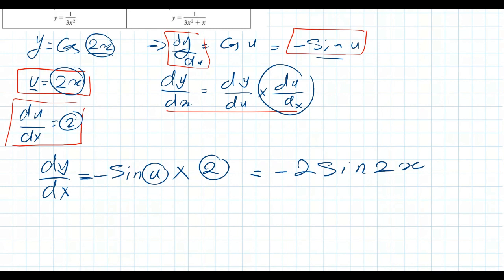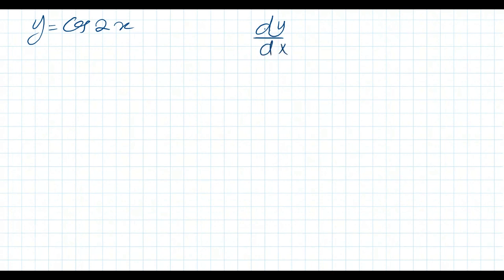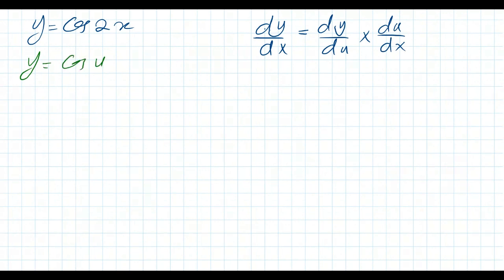Yes. Once again, here we have y equals cosine 2x, and you need to differentiate it. You're going to use the chain rule: dy over dx equals dy over du times du over dx. Then you convert it: y equals cosine u, while u equals 2x.